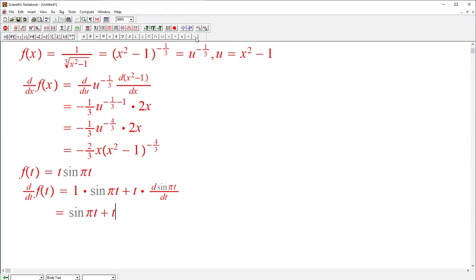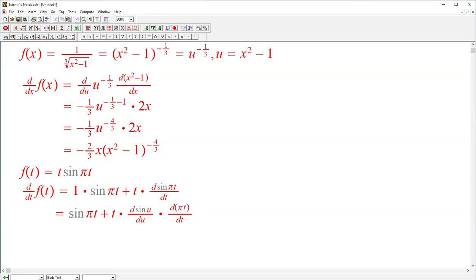So t multiplied by the derivative of sine of u, where u is pi t, sine of u du, multiplied by du dt. And u itself is pi t. There you go.